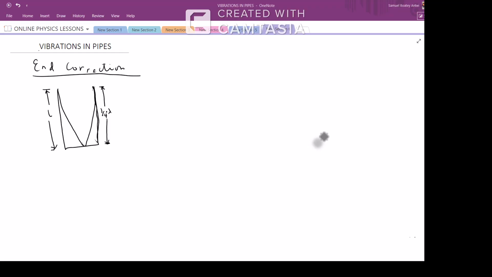The ideal situation we propose is that the length of the pipe is equal to the wavelength. But in reality, it is not so. You have the wave extending in length. That is the practical thing, or that's the reality.